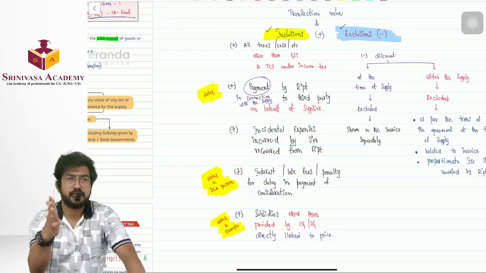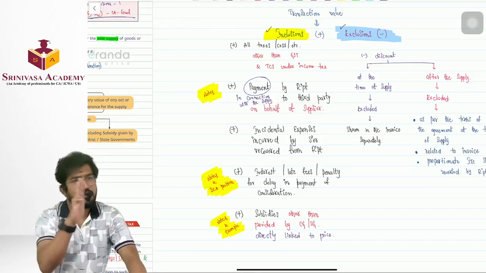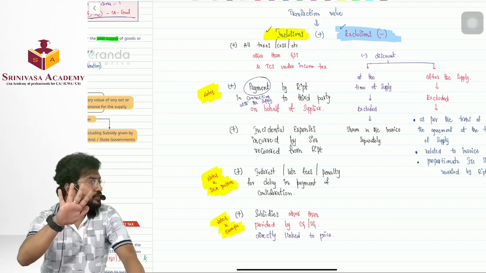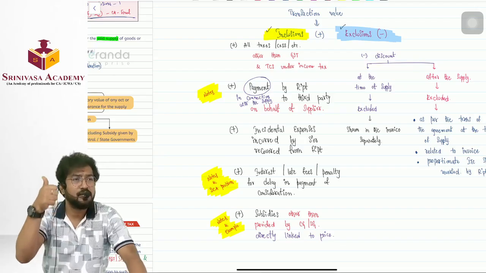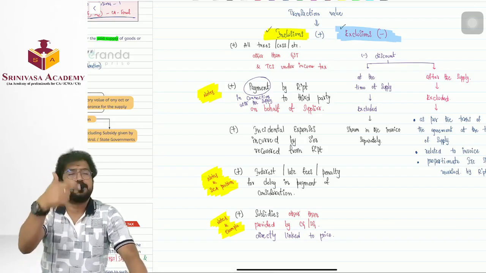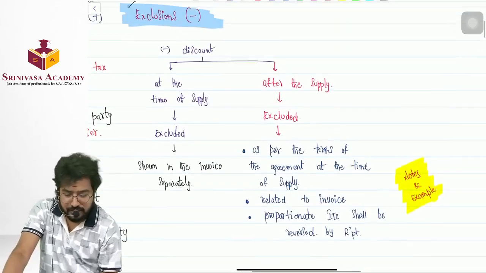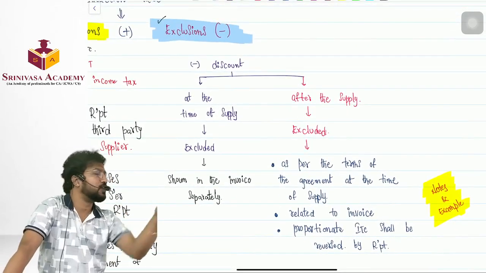Fourth one, interest for late payment, delayed payment of consideration. Fifth one, subsidy directly received from other than the central government and state government. Super. These things are the inclusions. And the last final one is what? Exclusion.